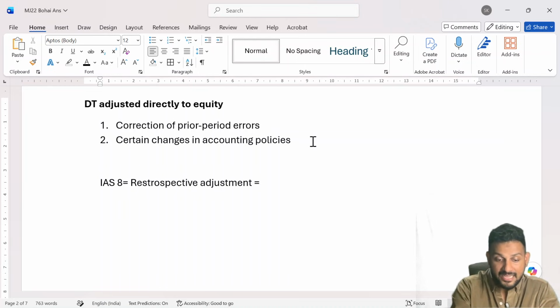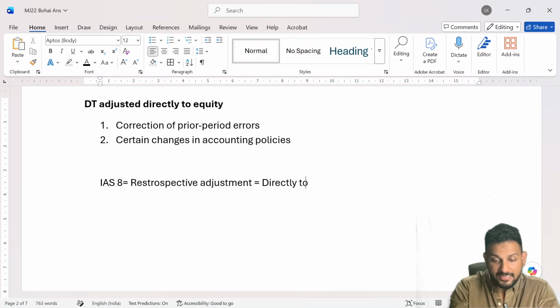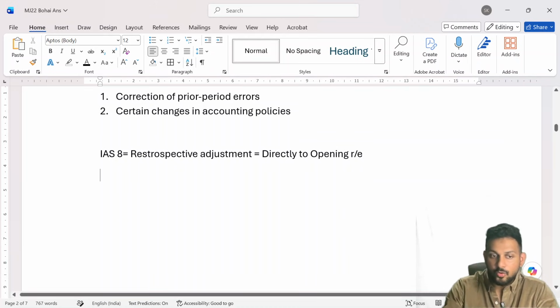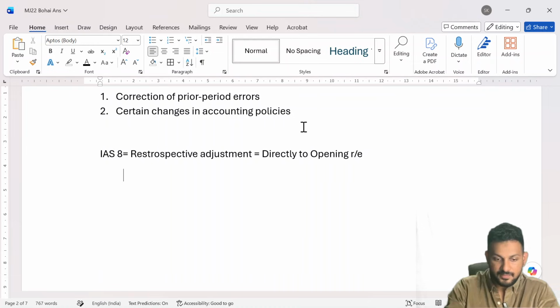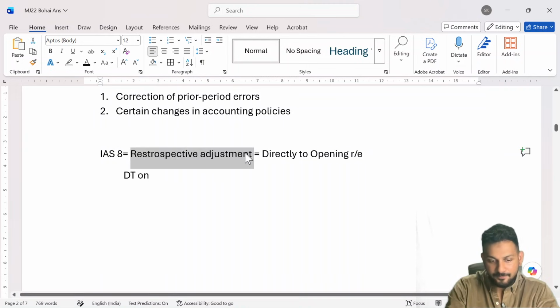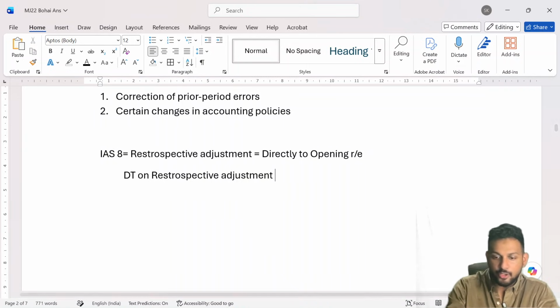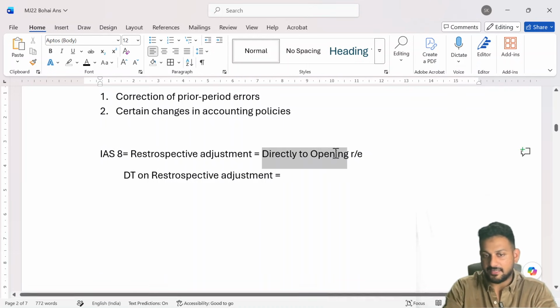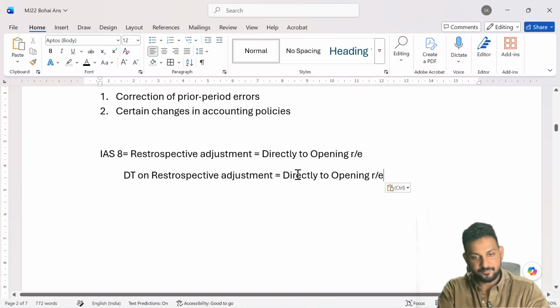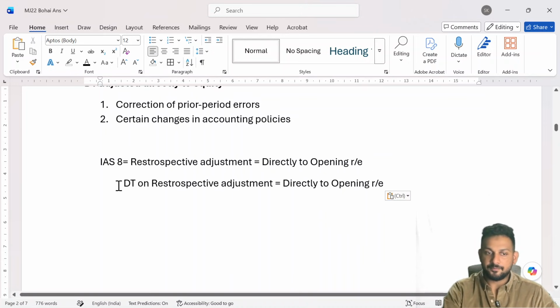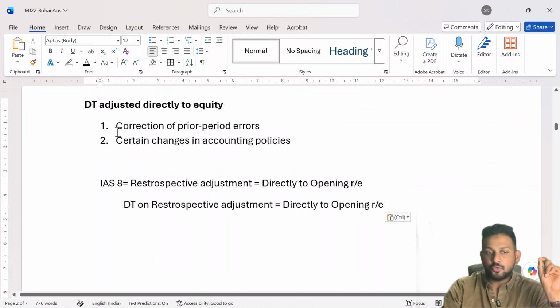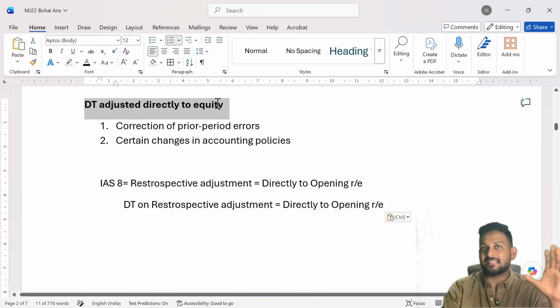This will go directly to opening retained earnings. So the resulting deferred tax on the retrospective adjustment will also be taken directly to opening retained earnings. Clear?